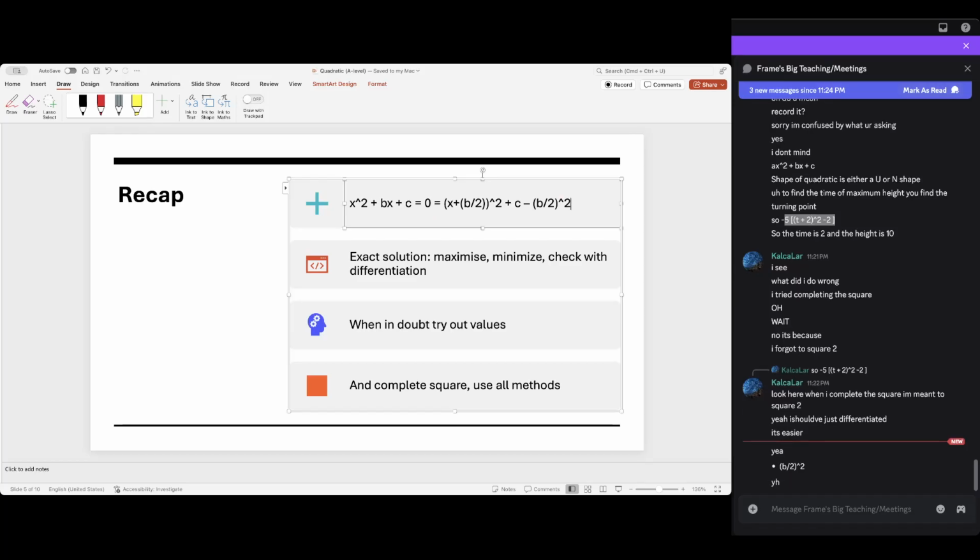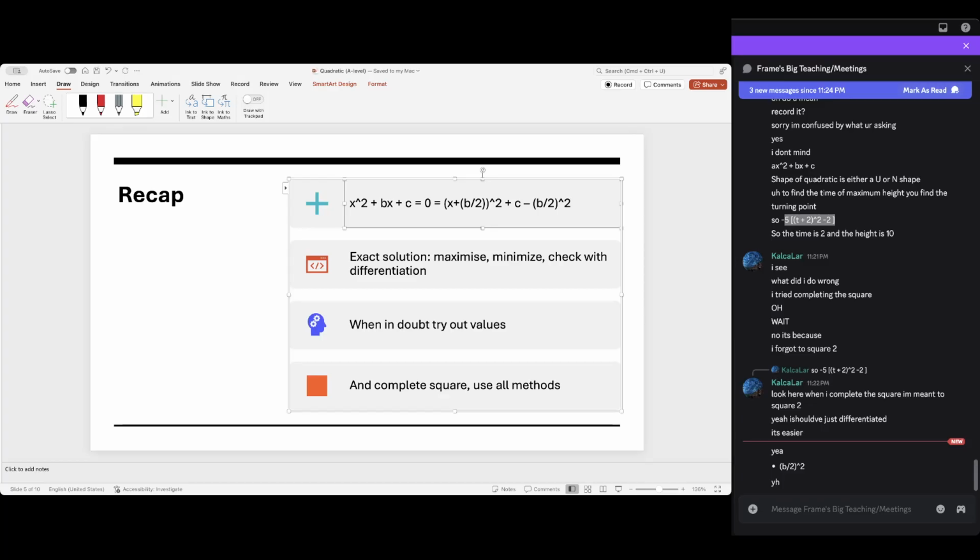Because as you can see, if you have x plus b over 2 squared, and then you square this, you get x squared plus 2 times b over 2 x, that means bx, plus b over 2 squared, that means b squared over 4. That's how you complete the square.